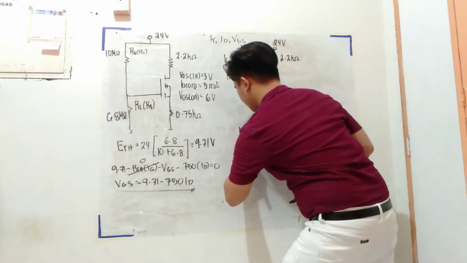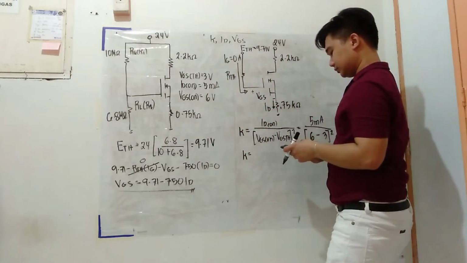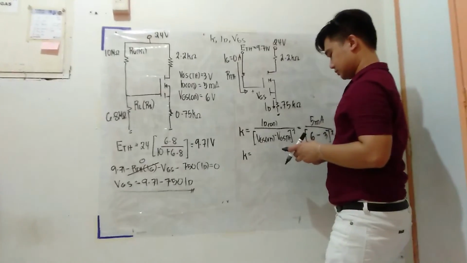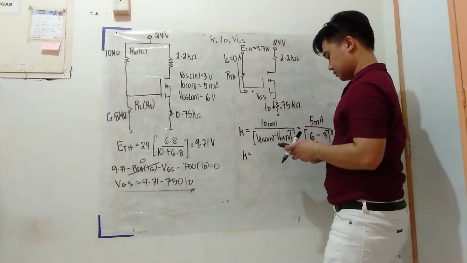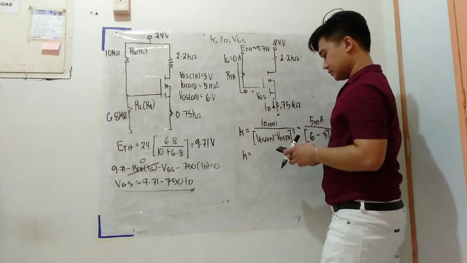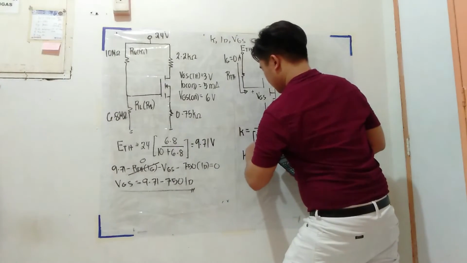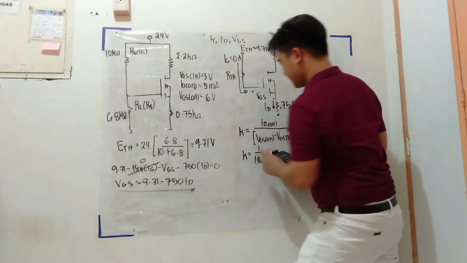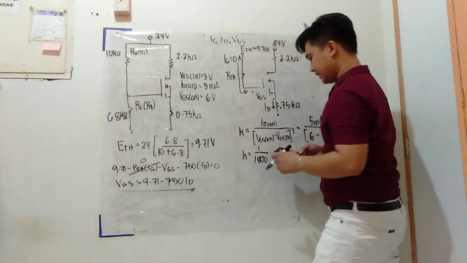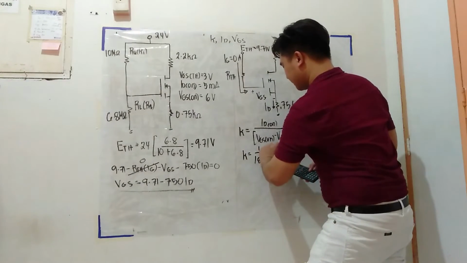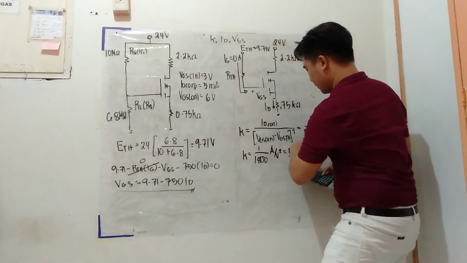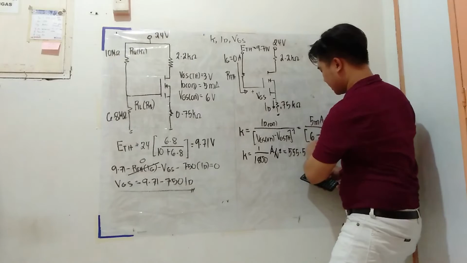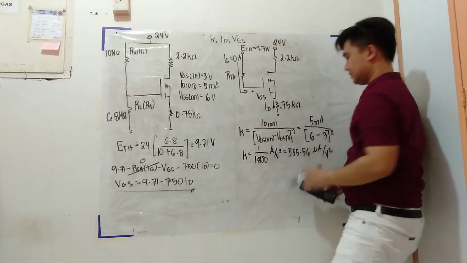So, K is equal to 1 over 1800, or simply 555.56 microampere per voltage squared.